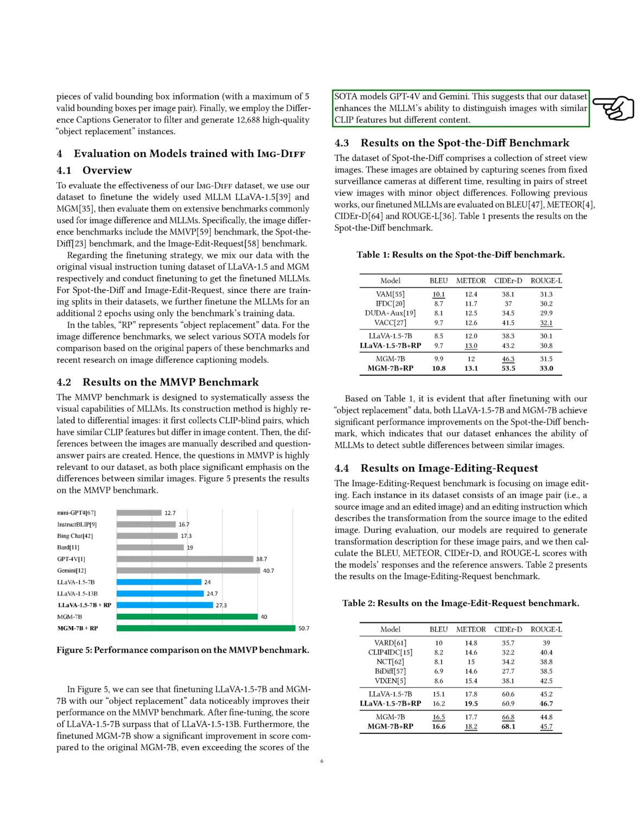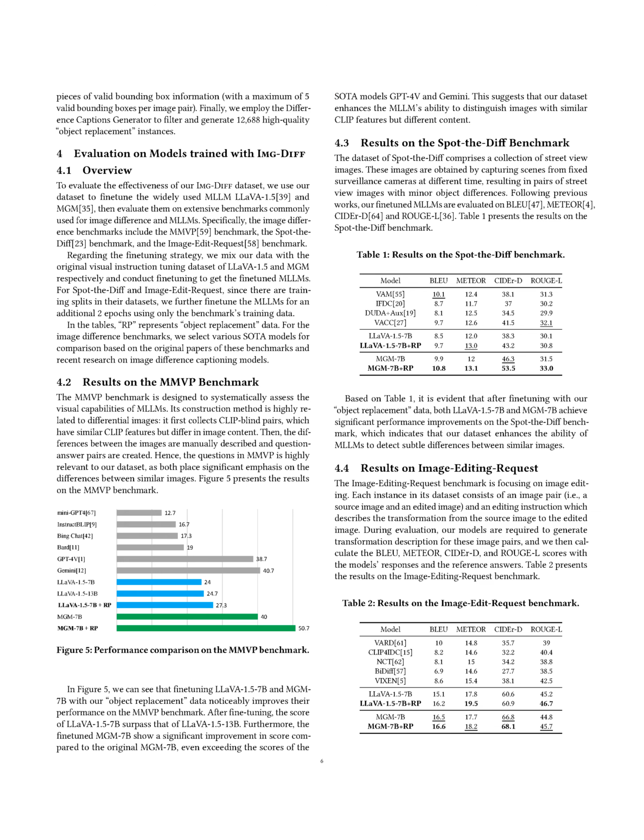Our results show that after fine-tuning with our dataset, LLAVA 1.5 7b experiences an average performance increase of 3.06% across all benchmarks, while MGM-7b sees a 1.28% improvement. These enhancements indicate that the fine-tuned MLLMs not only improve their ability to discern differences but also enhance their overall visual capabilities, making them more effective in VQA tasks.